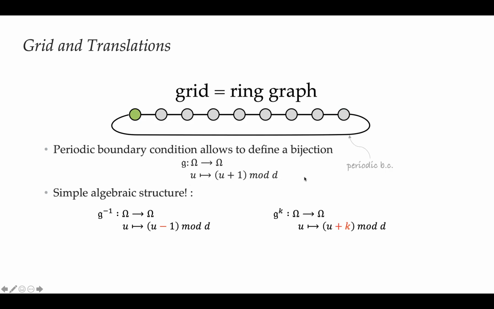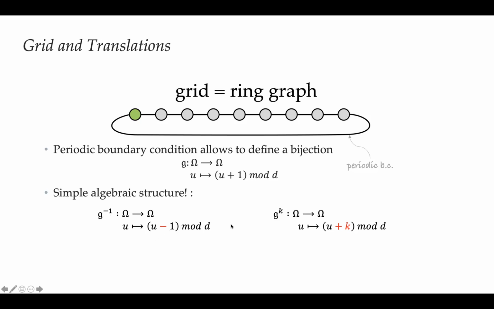And so this has a lot of benefits, it has a very simple algebraic structure, in the sense that if I have a transformation where I'm moving things towards the right, the corresponding inverse transformation, the inverse bijection, is simply just inverting the arithmetic operation that you see here, right? So instead of adding 1, here I subtract 1.